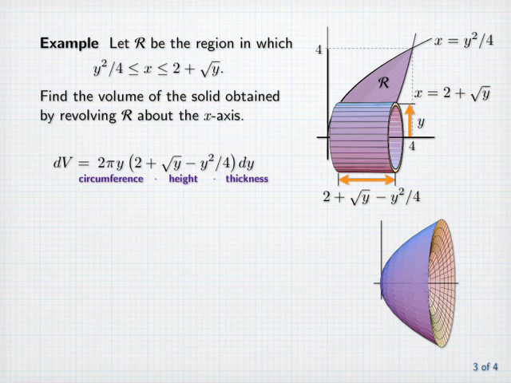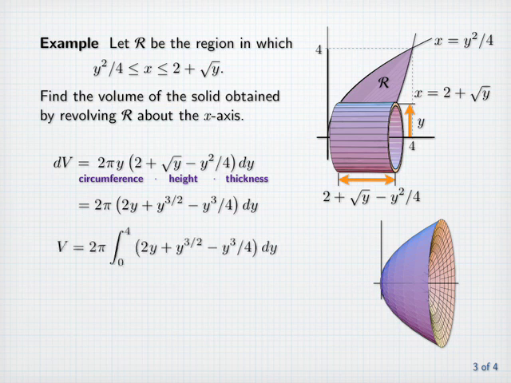Let's prepare this for integration by multiplying the y factor through to obtain 2 pi times (2y plus y to the 3/2 power minus y cubed over 4) all times dy. So the volume of the solid will be the integral from y equals 0 to y equals 4 of dV.